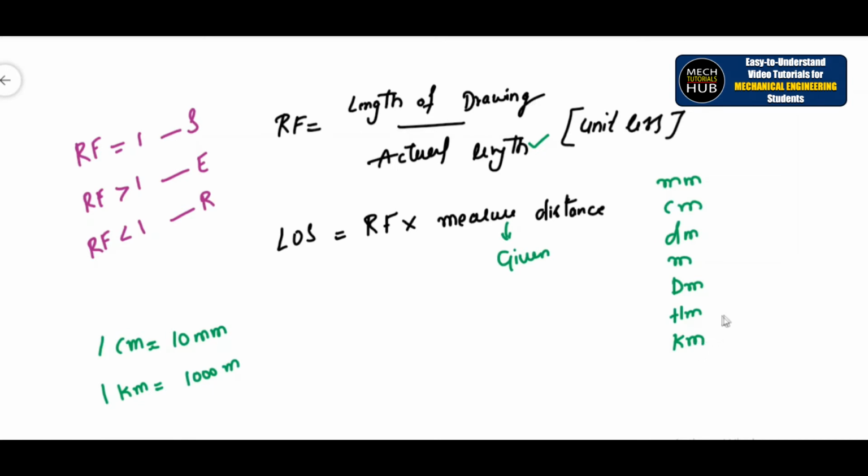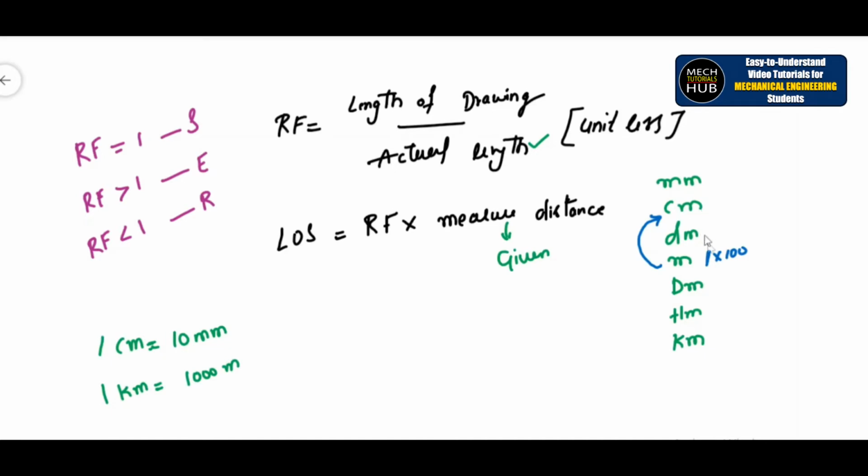For example, if I want to convert from meters to centimeters, the value is multiplied by 100. 1 meter is equal to 100 centimeters, which means 2 zeros are added to the number.